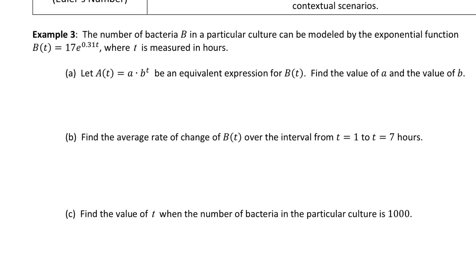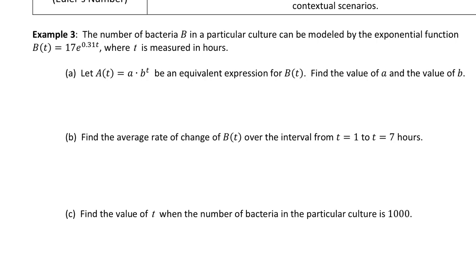Problem number 3 says, the number of bacteria in a particular culture can be modeled by the exponential function B of t equals 17 times e to the 0.31t, where t is measured in hours. Let a times b to the regular t, notice that's not 0.31t, that's regular t, be an equivalent expression for B of t.